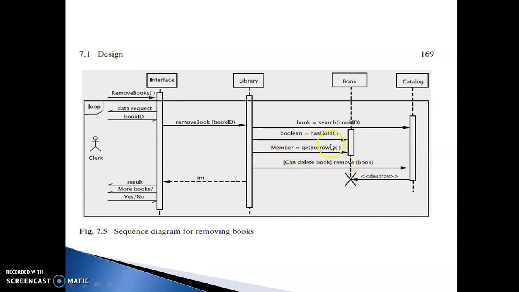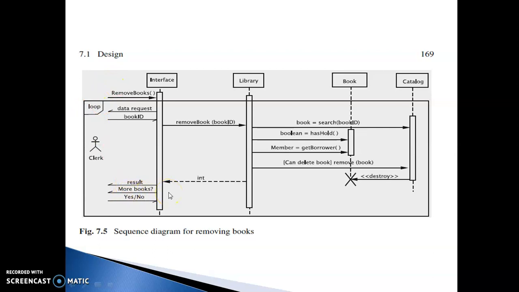If no member is holding that book, then you can delete it and remove it from the catalog. Then the destroy method gets executed, and the result will be shown to the user. If he wants to delete more books, he can go for yes.